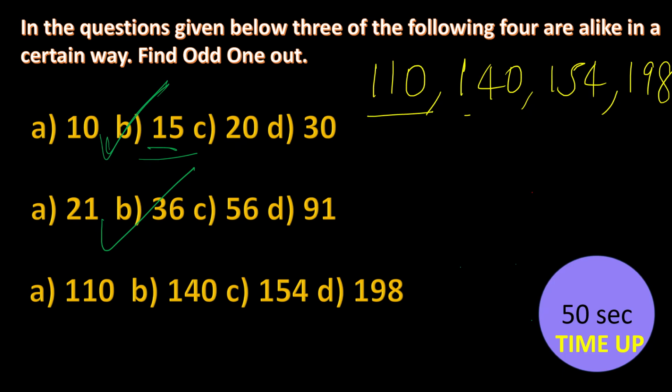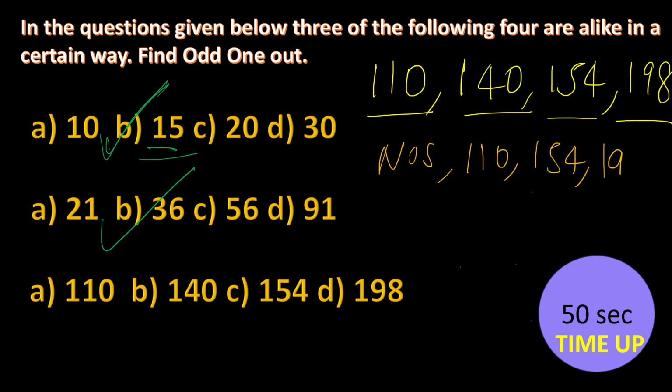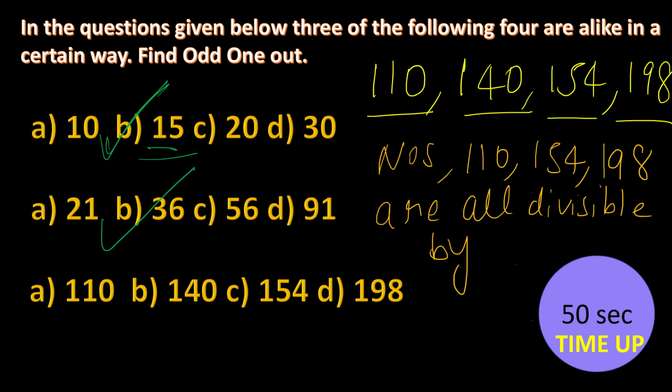So here if you see, all other numbers like 110, 154 and 198, if you take, they are all divisible by 11. 110 is divisible by 11, 154 and 198 are also divisible by 11.